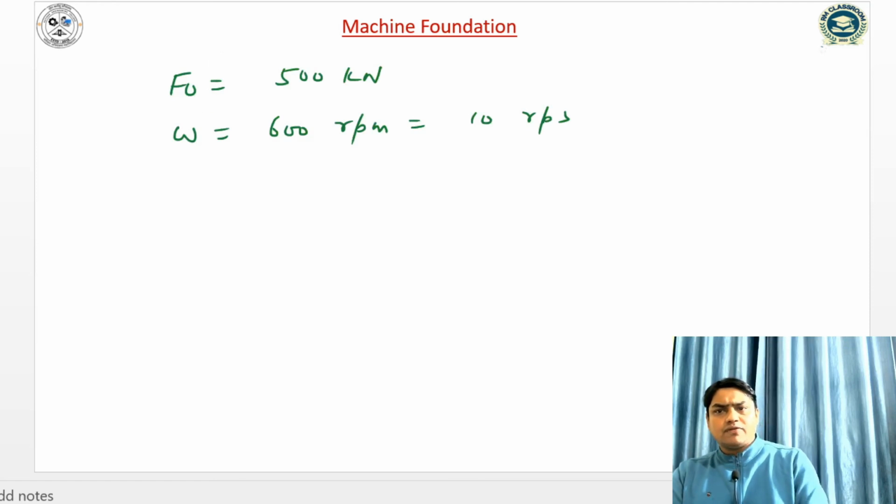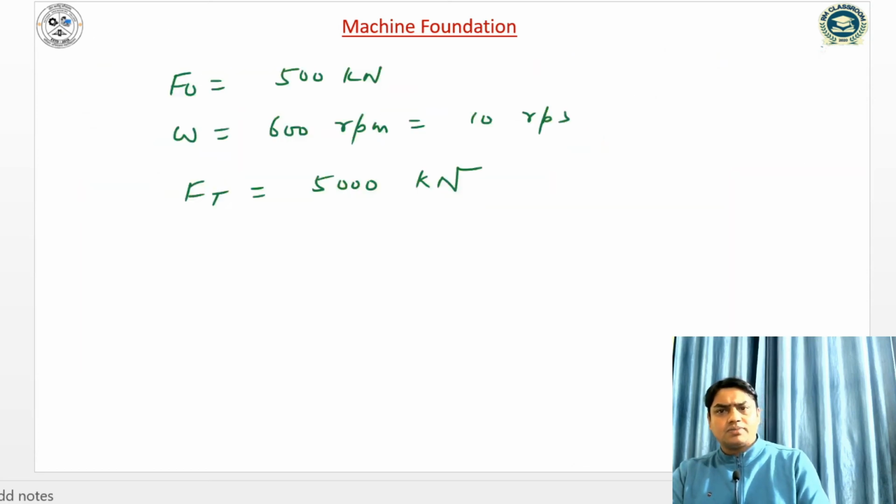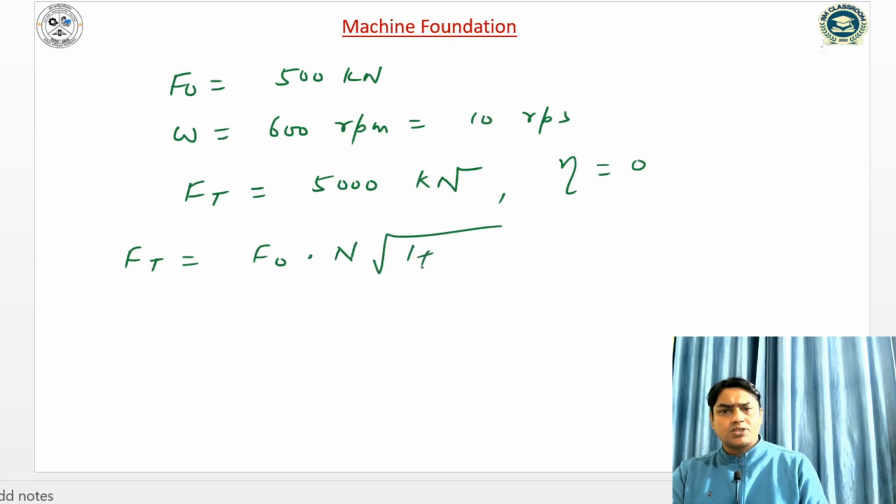So the transmitted force is 5000 kilonewton. Assume the damping can be neglected. Damping neglected means the damping ratio is equal to 0. So we have the relation Ft is equal to F naught into N, the square root of 1 plus 4 eta square into R square.